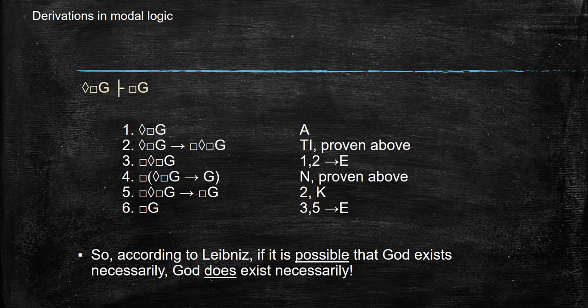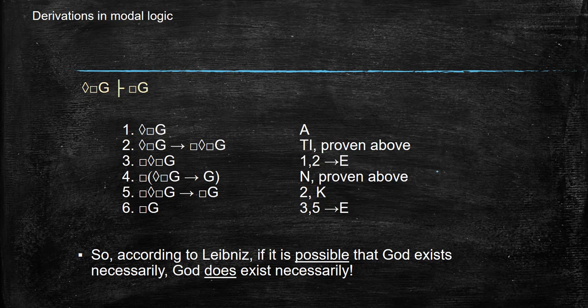So, according to Leibniz, if it is possible that God exists necessarily, then God actually does exist necessarily. Now, this doesn't prove anything if you don't accept his assumptions, but it's an interesting exercise to try to see which of these you would actually reject plausibly.